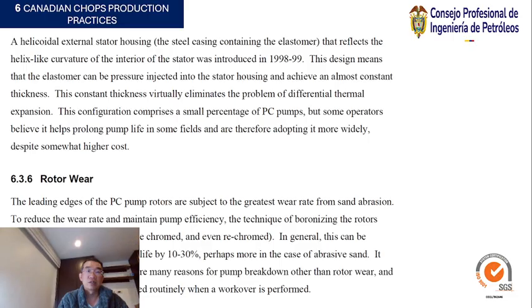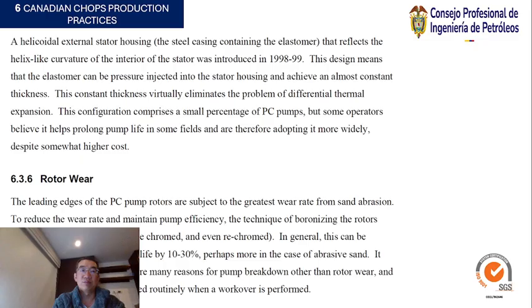A helicoidal internal stator housing that reflects the helix-like curvature of the interior of the stator was introduced in 1998 to 1999.